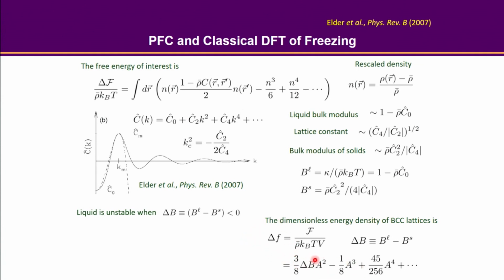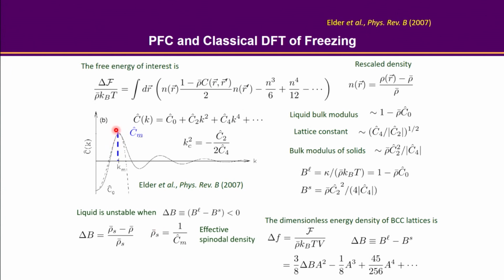So any amplitude occurring out of this liquid, if there is a structure, then it's a preferred structure because the energy drop is negative, right? On the contrary, suppose the amplitudes are small, so I don't have to worry about the higher order terms, right? So for the liquid, that would be the energy maximum if delta B is larger than 0. So immediately, we can have this interpretation: we can rewrite this delta B, which is the difference between those two things, as rho S minus rho bar divided by rho S. And the rho S, we can derive that value, basically will be the height of the first peak.